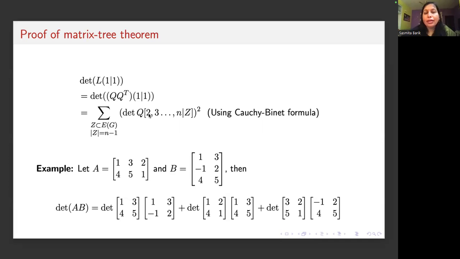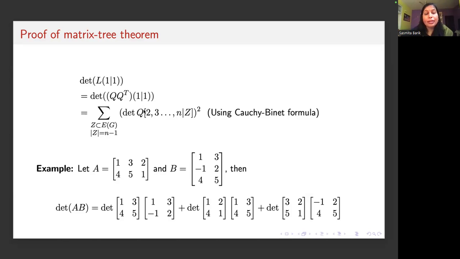So I'll choose n minus 1 rows, and from your columns, which can be more, you will choose n minus 1 columns. And then you will multiply with Q transpose also.